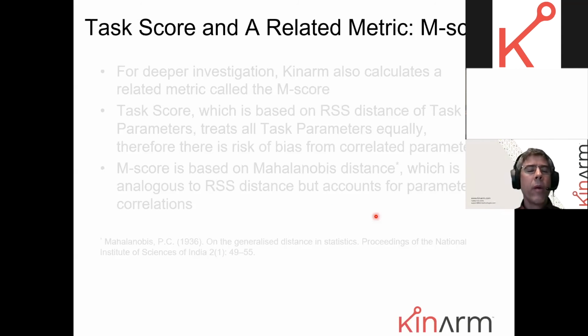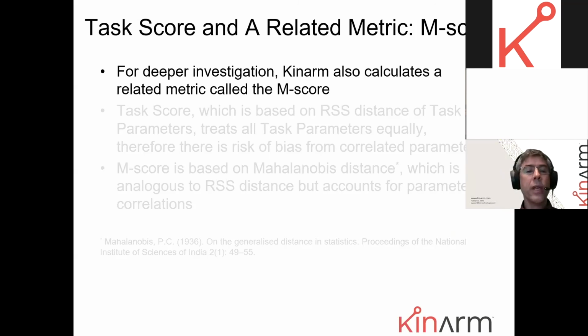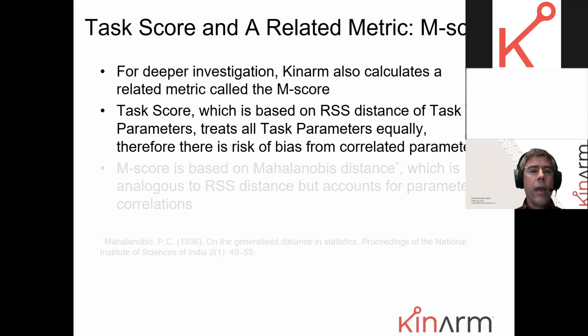When we were developing the task score, we had actually considered another metric. This is something that we have called the M-score, and we actually do include it as well. To understand why, I need to go back a moment and mention that the task score treats all of the parameters equally.